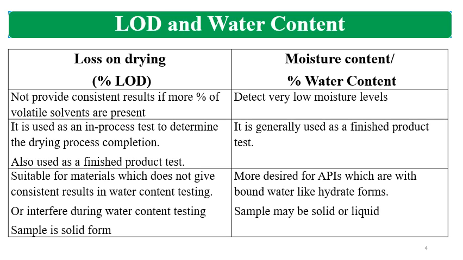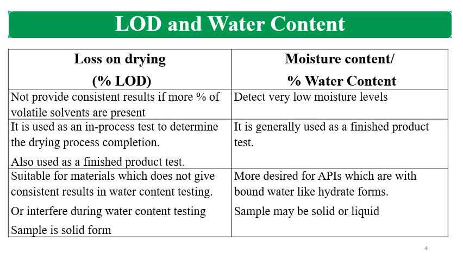Loss on drying does not provide a consistent result if a high percentage of volatile solvents is present. If the powder or sample contains too much moisture or too many solvents, or if it is very wet, LOD variation will be there.